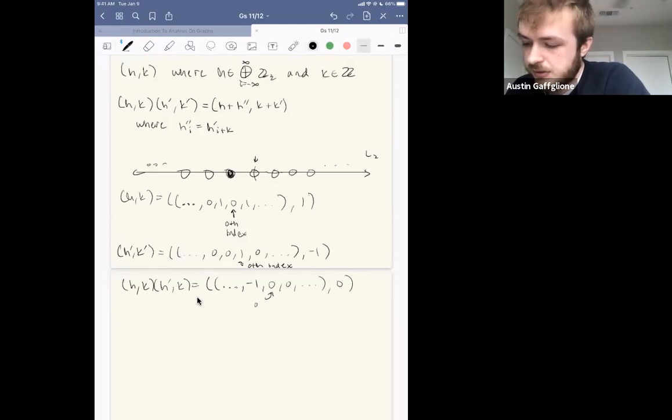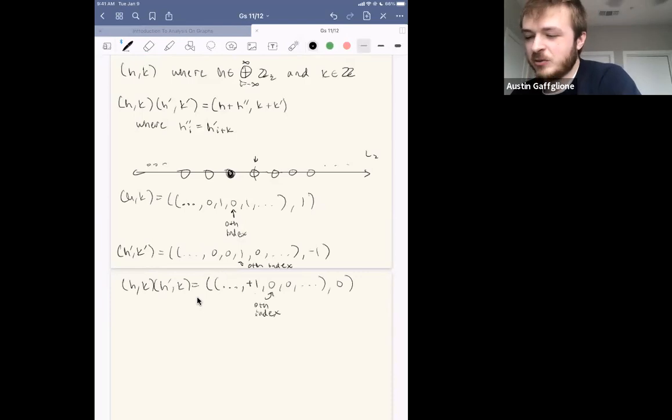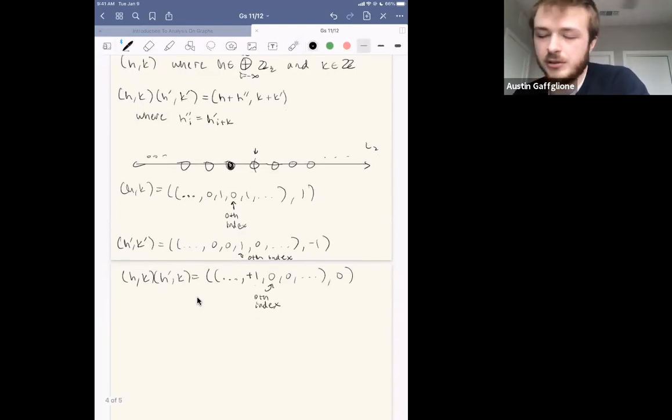And this is the 0th index. So it should be 1 then, yeah. Yeah, thank you. So this is how I multiply two elements. If you realize, because of the semi-direct nature of this product, it's not abelian. So if I were to first do h prime, k prime, and then do hk, I actually get a different lamplighter picture.